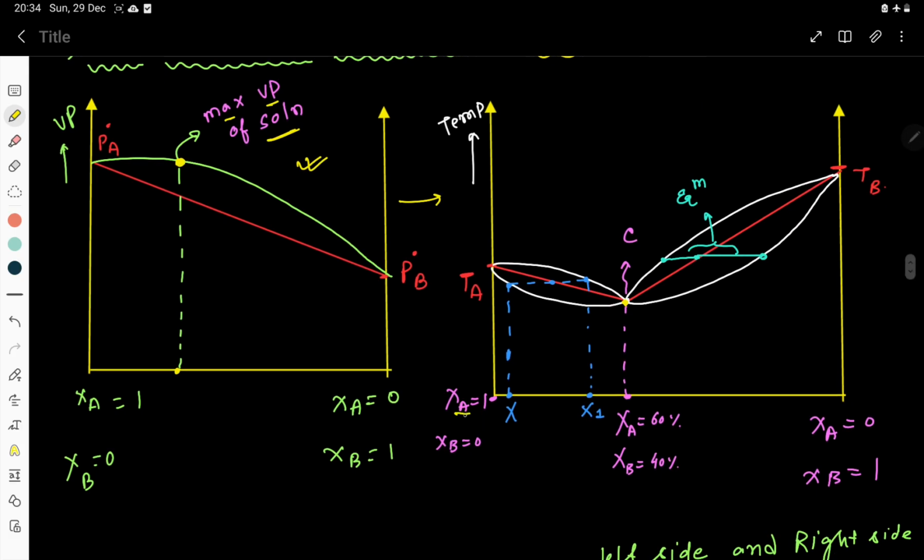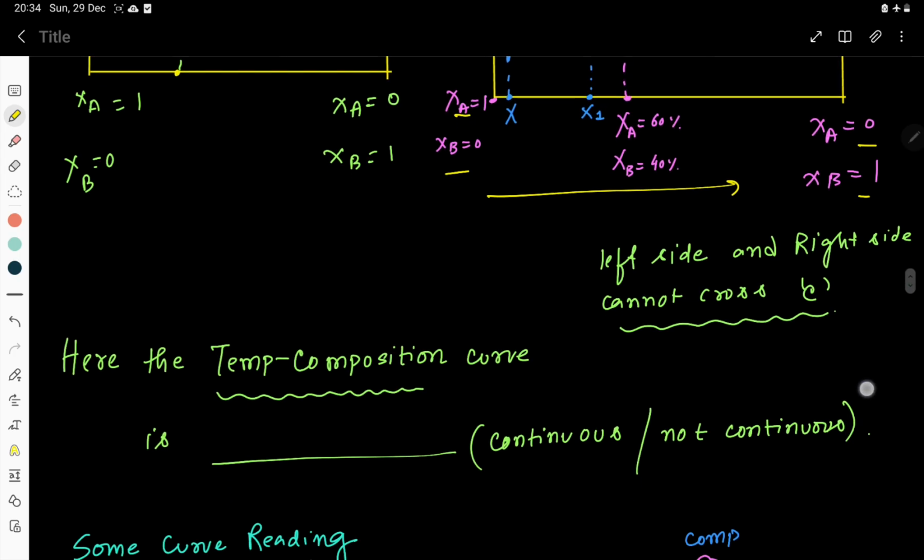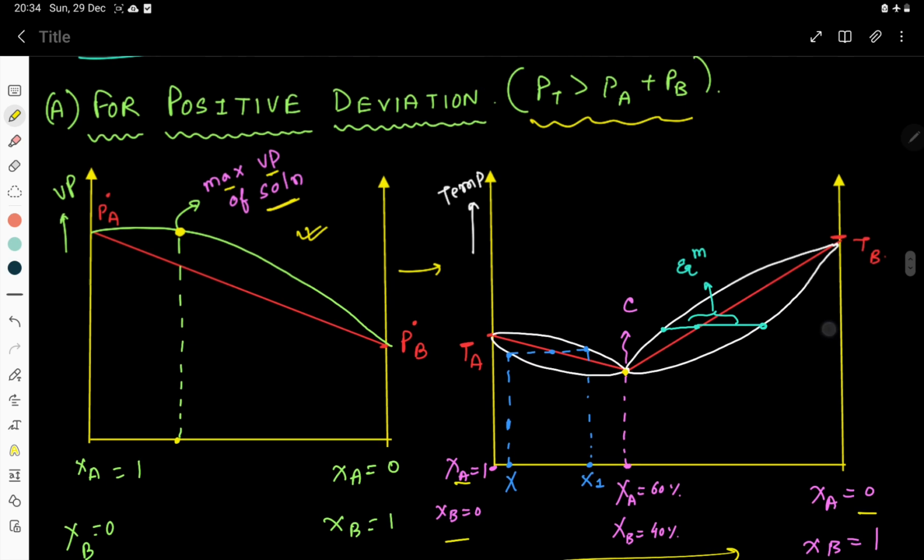Now over here this is very common, that is xa equal to 1, xb equal to 0, and xb is increasing in this way and xa is increasing in this way. Here we have to deal with this left side and this right side separately.